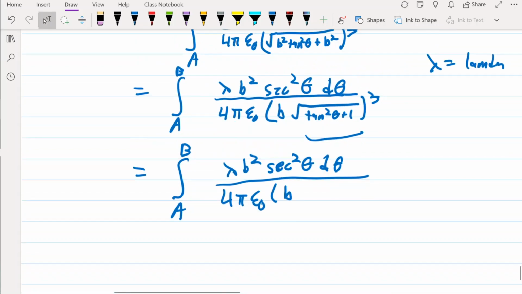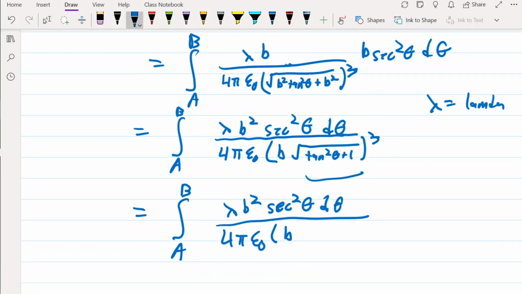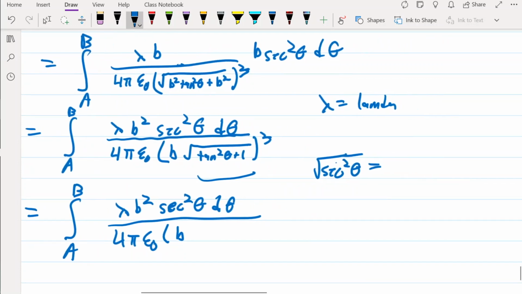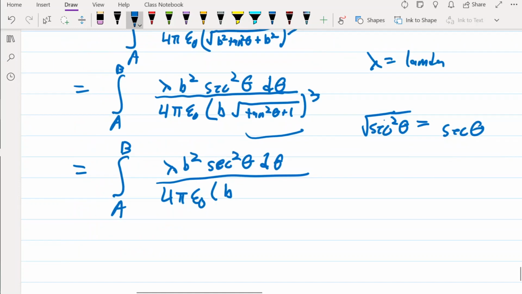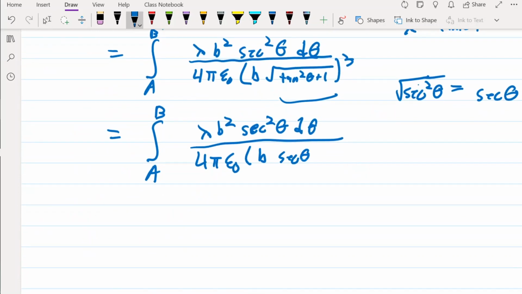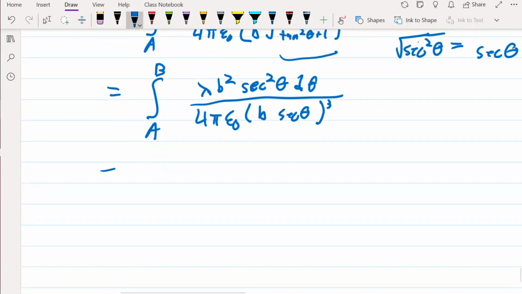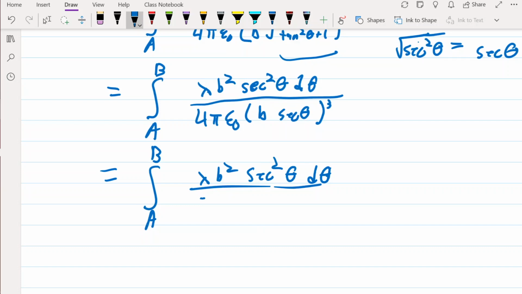Now I'm just going to simplify this right away, because it is the square root of secant squared theta just equals secant theta, to the third power. All right, from here, now we're going to have from alpha to beta of lambda b squared secant squared theta d theta, all over 4 pi times e initial times b to the third power secant third power theta.